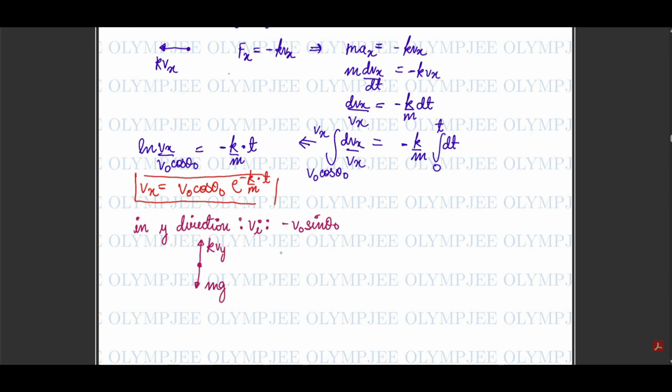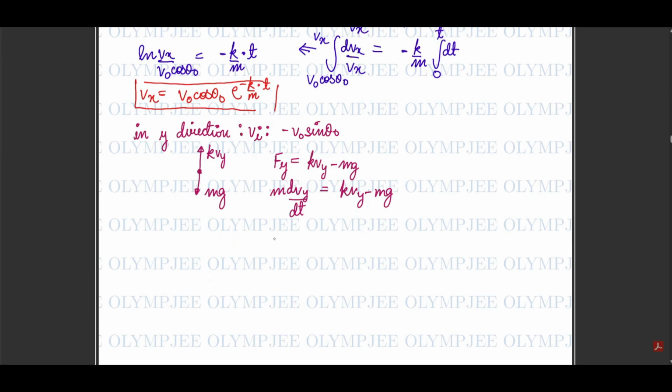So we can write that Fy is equal to kvy minus mg, and this can be further written as m dvy by dt is equal to kvy minus mg. Now taking the dvy terms on one side and dt terms on the other side, we get this, which can be integrated to find the vy.